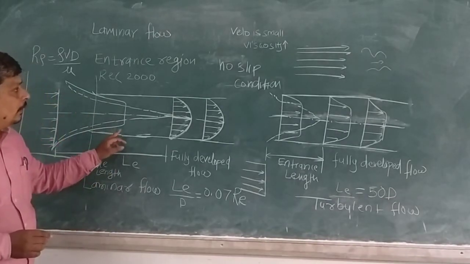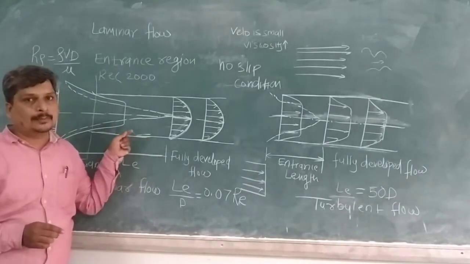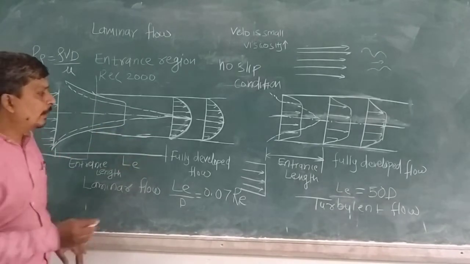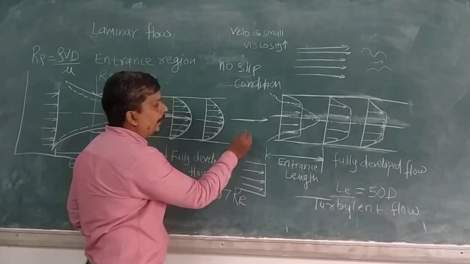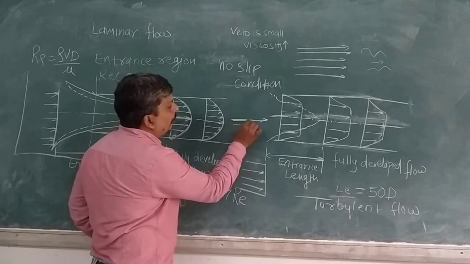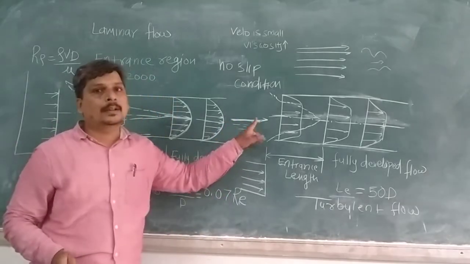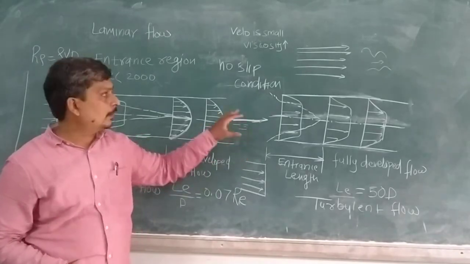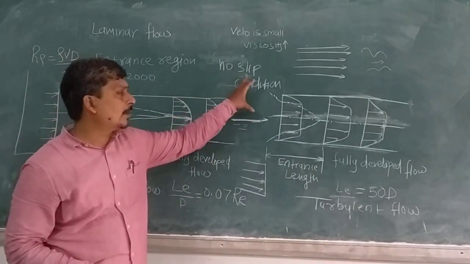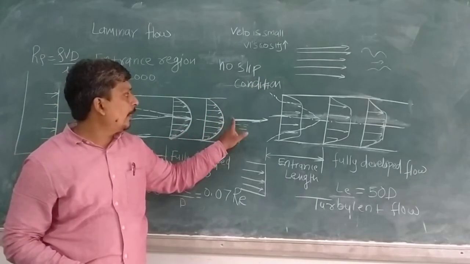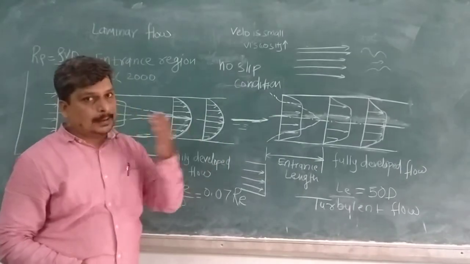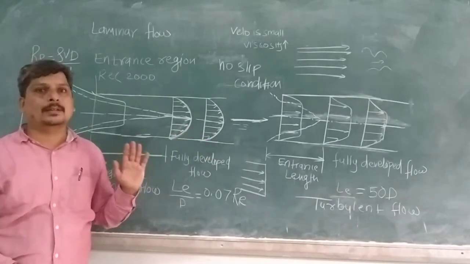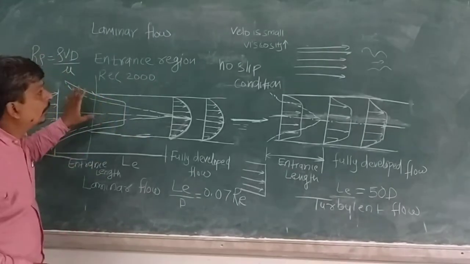If a plate is moving, the fluid in contact with the plate moves with the same velocity, and if the plate is stationary, the fluid near the wall is stationary, meaning zero velocity. This is the no slip condition.